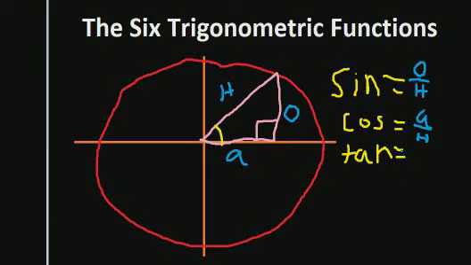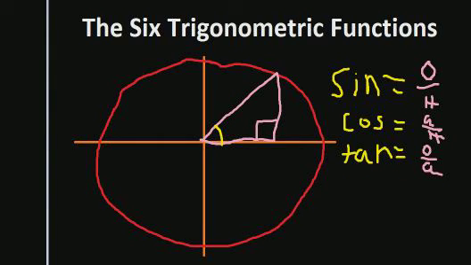And then lastly, you have tangent, which is TOA, which is opposite over adjacent. And those are how you solve the three. SOH CAH TOA, just like that. Okay, so now that we have this, we're going to run through a few practice problems.